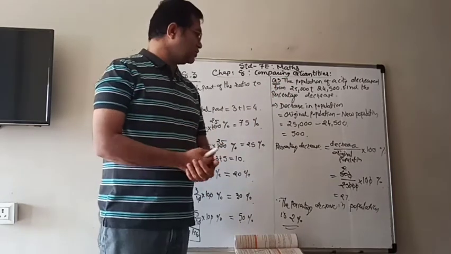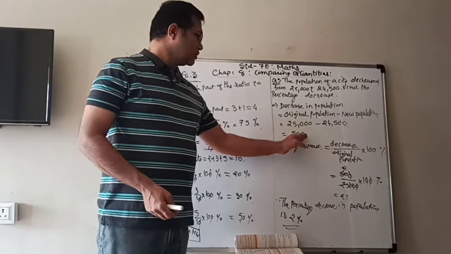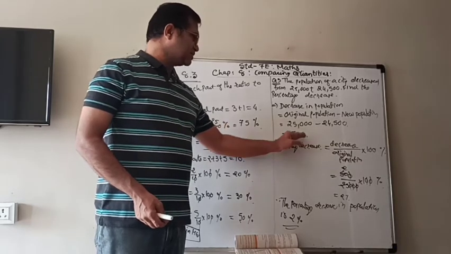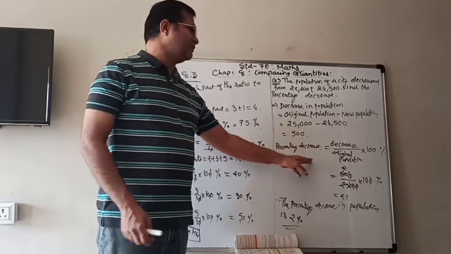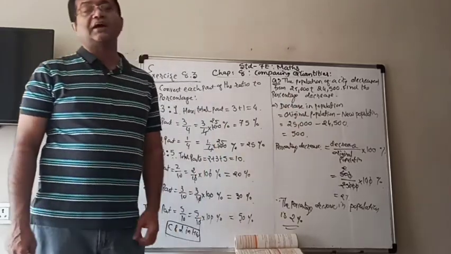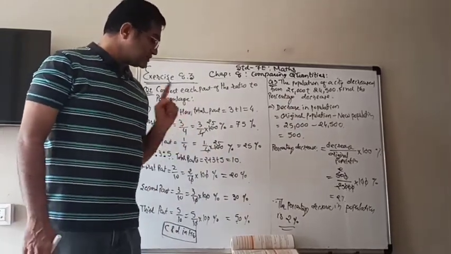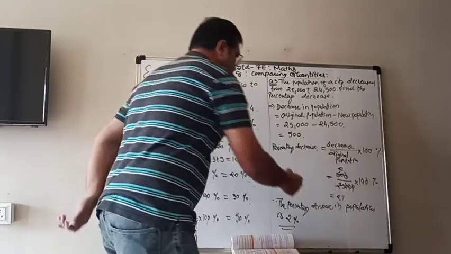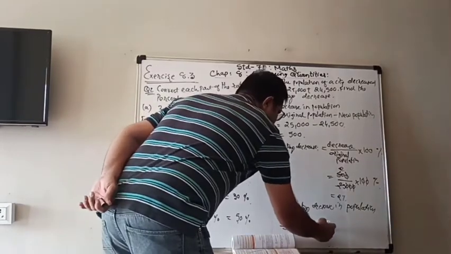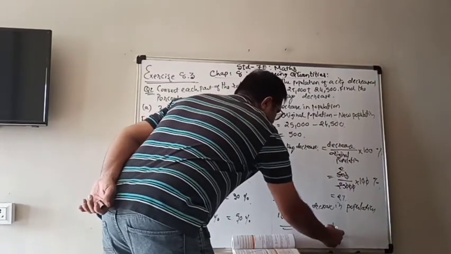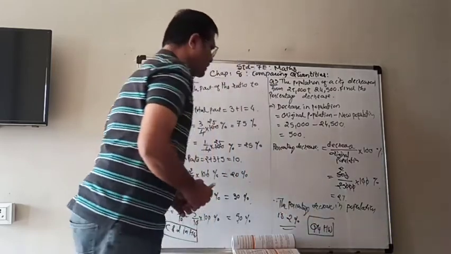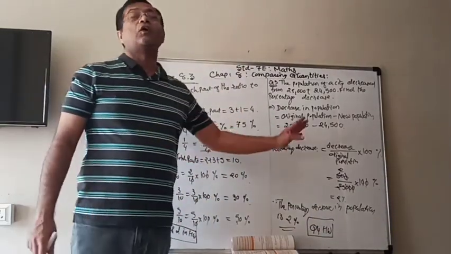So we convert it into percentage, like decrease divided by original population multiplied by 100%. Now similarly, question 4 is also the same as that. So question 4 I will also give you as homework.